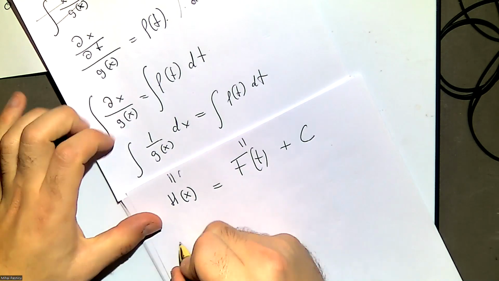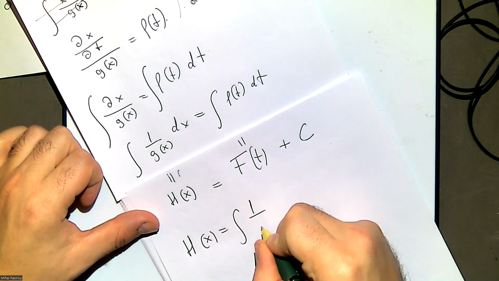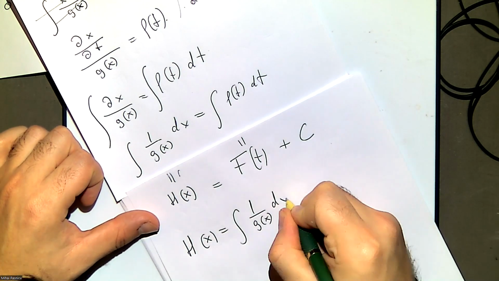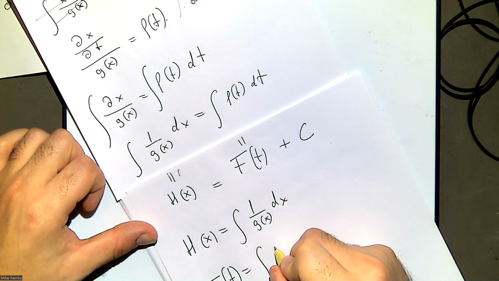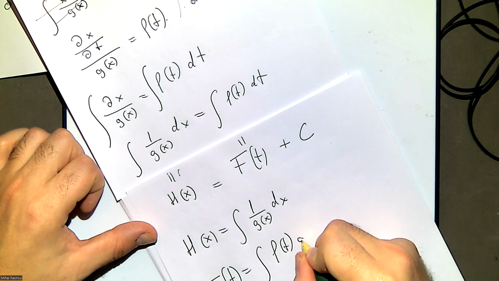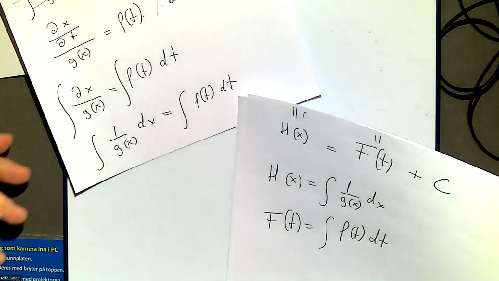So it's basically just h(x) is equal to the integral of 1/g(x) dx, and F(t) is equal to the integral of f(t) dt.